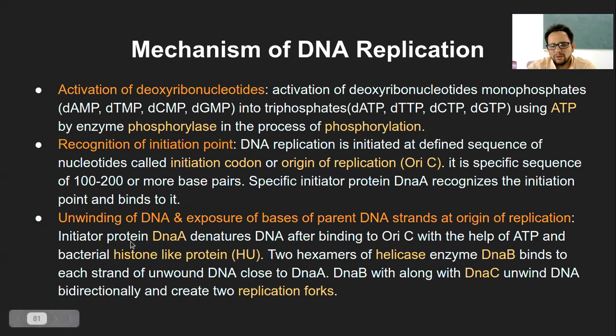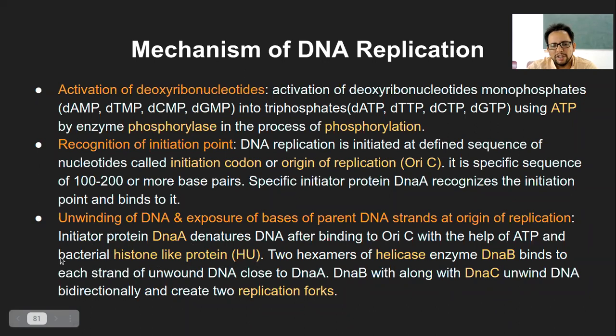The initiator protein will denature the DNA after binding to the origin of replication with the help of ATP. Now, obviously, to break that hydrogen bond, it will need certain energy, and that is how it will take that energy from the ATP. And the bacterial histone-like protein, which is called HU.